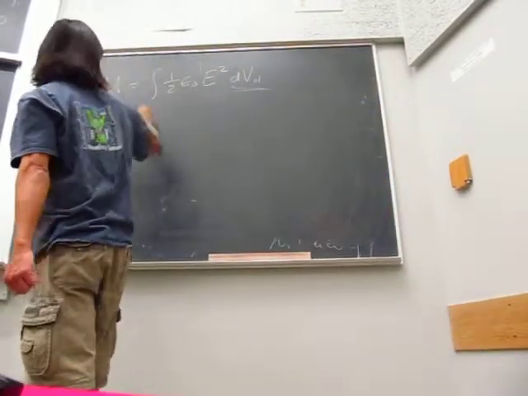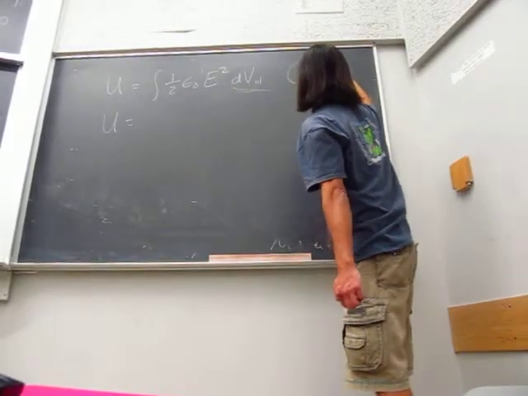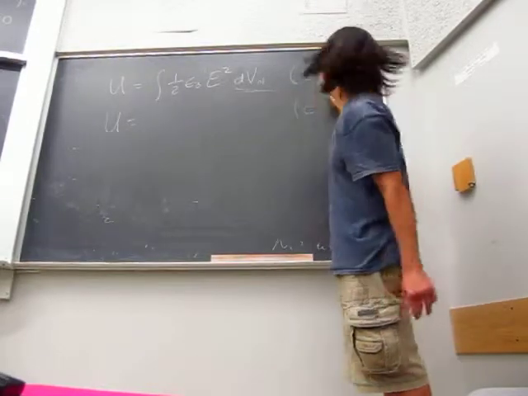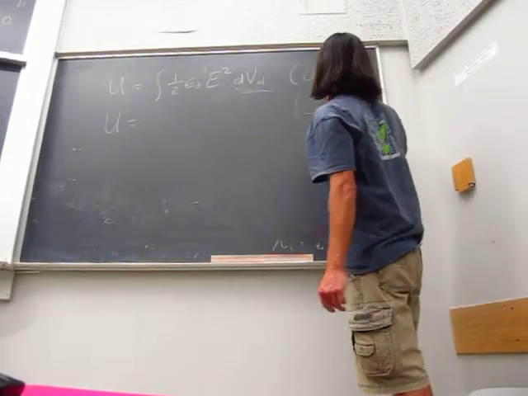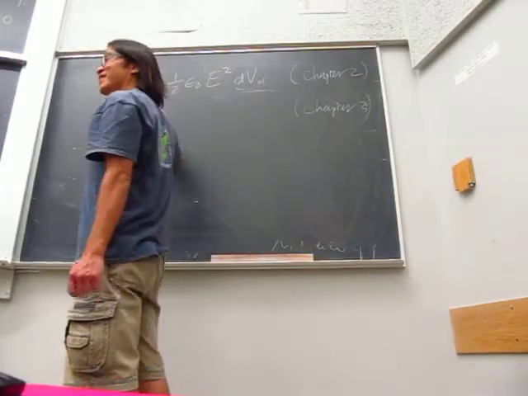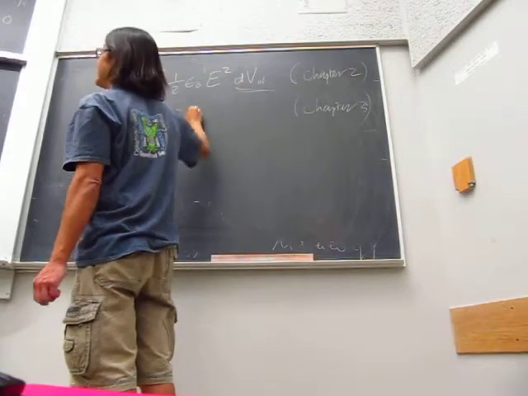Or, of course, if you need an exercise to do from chapter 2, since we're on chapter 3. Are we on chapter 3 now? This is chapter 3, right? If this is chapter 3, then U is what? CV squared.